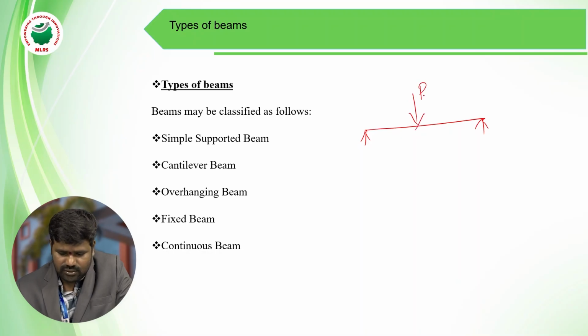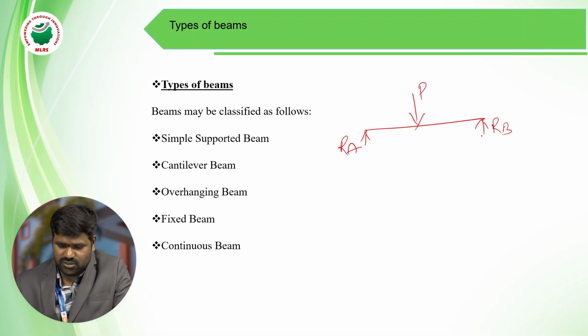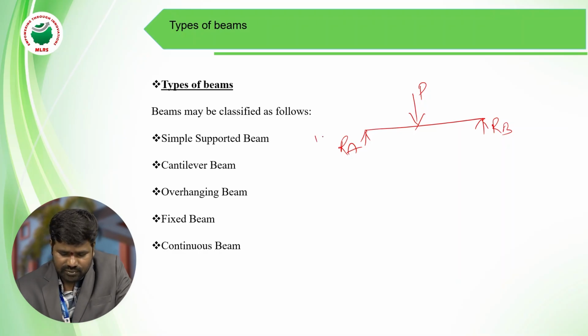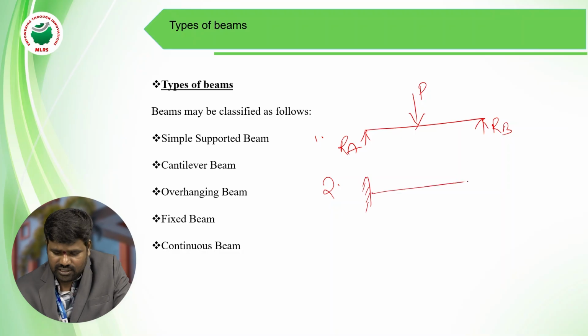Point load, reactions RA and RB, supports A and B. This is called simply supported beam. Cantilever beam. One side fixed, another side free. At point load, free end, length, distance.